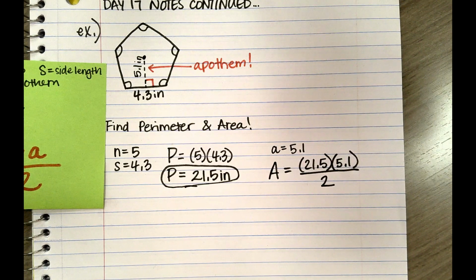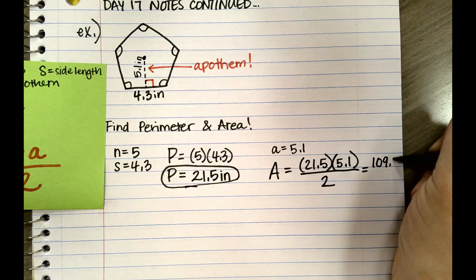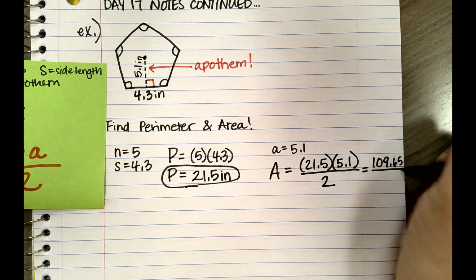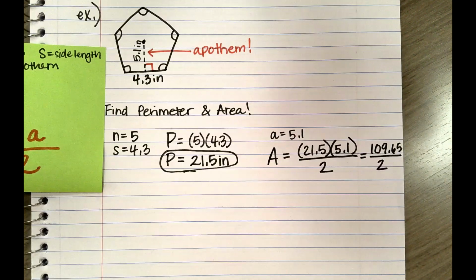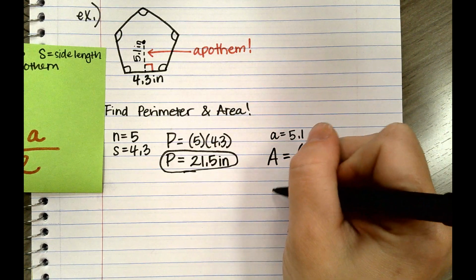Let's see. 109.65. Yes, perfect. 109.65 divided by 2. 54.825. Good.